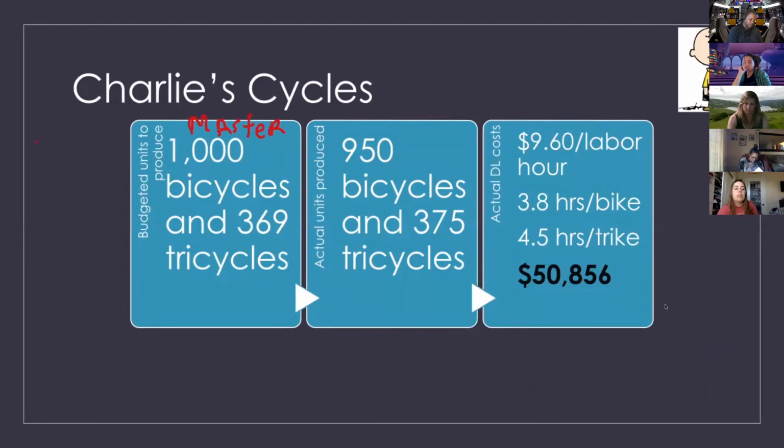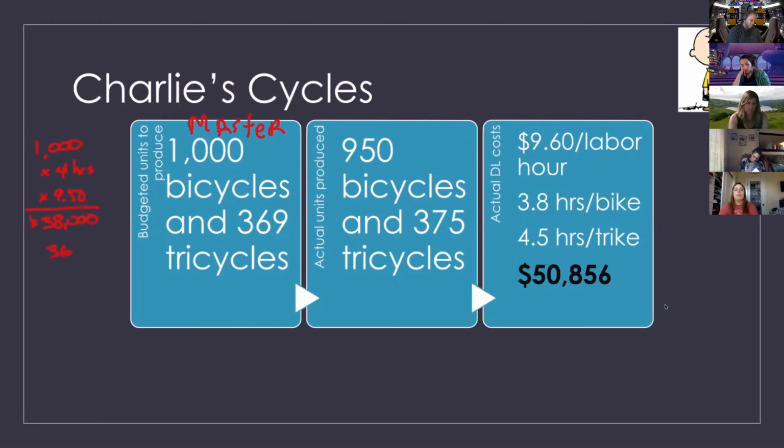Our direct labor would have been 1,000 bicycles times 4 hours times, I think it was $9.50. So we would have expected to spend $38,000. That was our original master budget, just on bicycles.